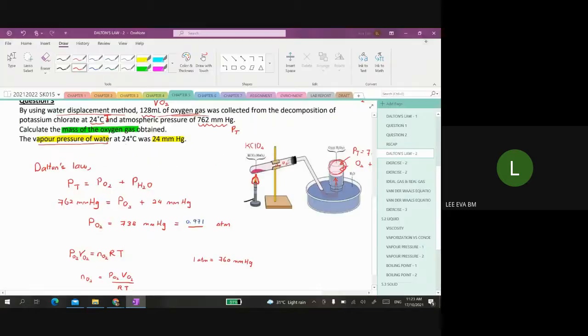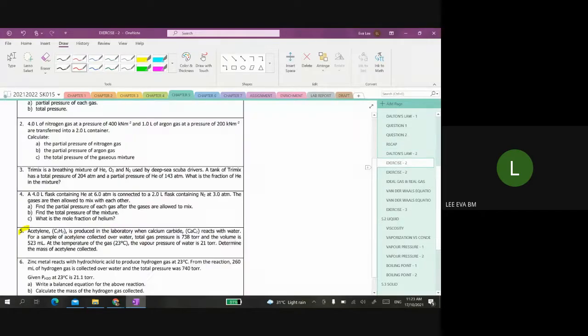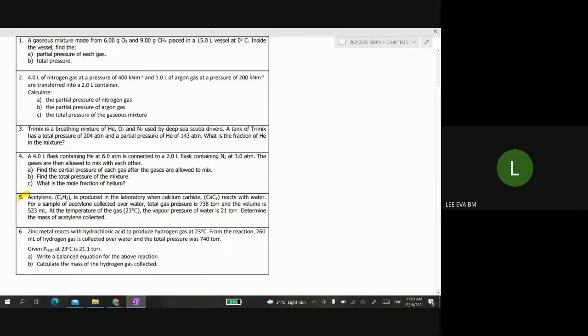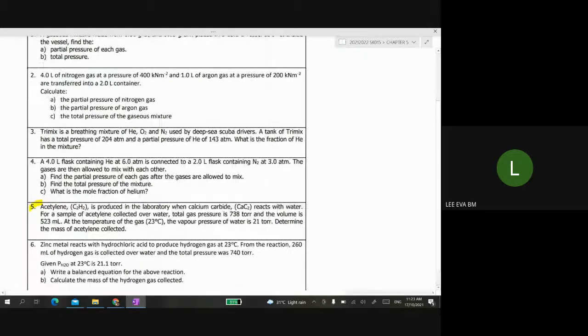Let's look at another question. I have given you a list of exercises, question number 1 until question number 6. This one is for your own practice for Dalton's law.